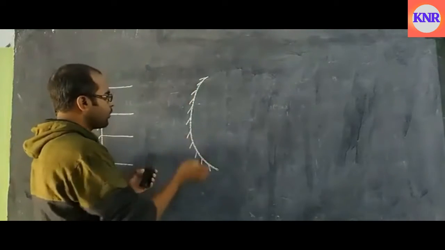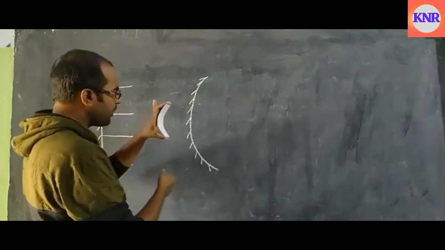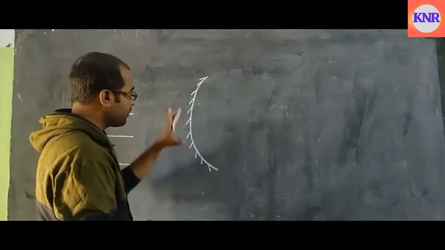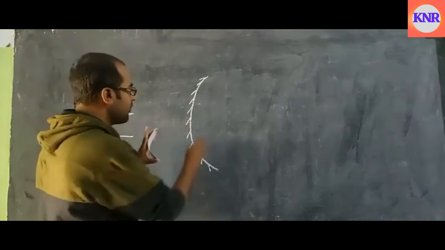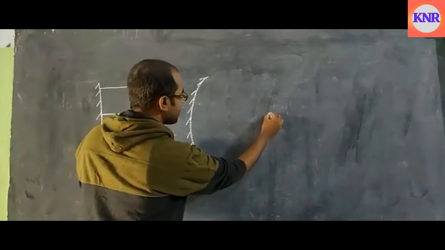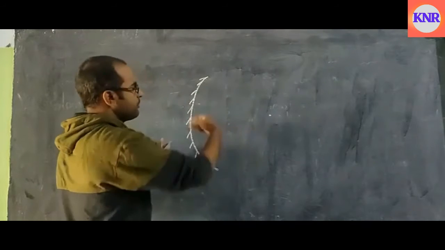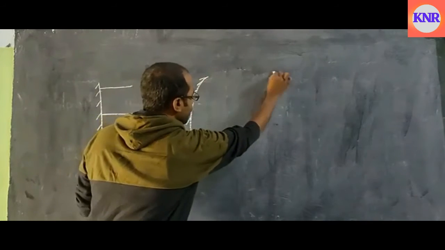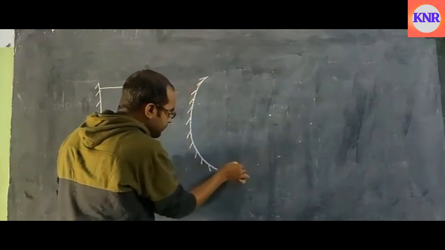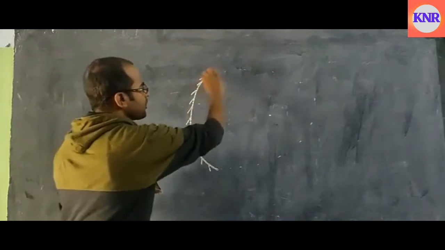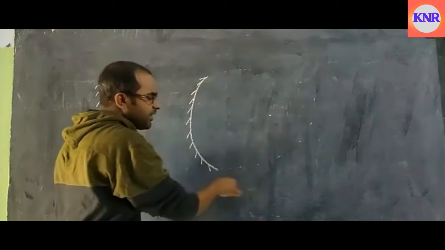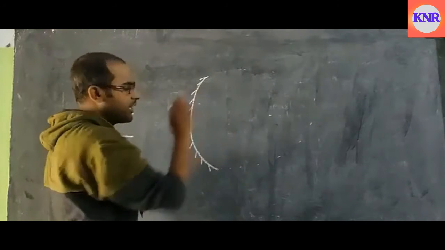Right. So to draw the normals for a concave mirror, what do we have to represent first? We have to represent the center of curvature, the center of this curve. If you take this as a total sphere, from this sphere itself this part is obtained.